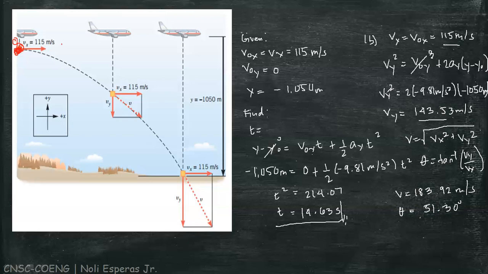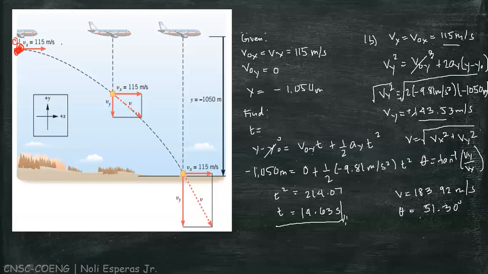Since we square root both sides of this line, the result of a square root, as discussed in algebra, is positive or negative.